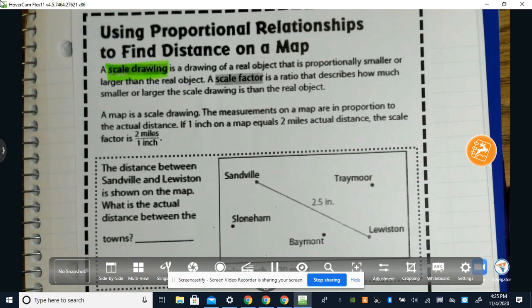Or say you have a picture of an atom. The picture of the atom is much bigger than the atom is, because you would have to look at it under a microscope. So that is what scale drawing is. It's a drawing of an object that's either much bigger or smaller than the real object.